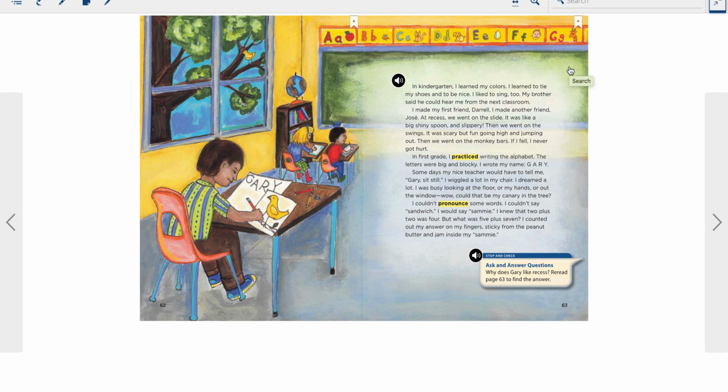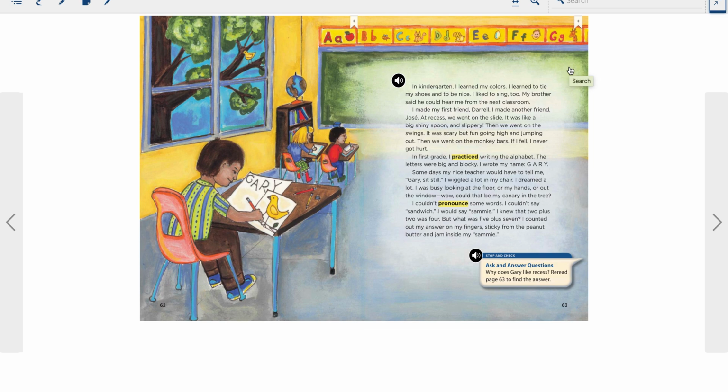In first grade, I practiced writing the alphabet. The letters were big and blocky. I wrote my name, Gary. Some days, my nice teacher would have to tell me, Gary, sit still. I wiggled a lot in my chair. I dreamed a lot. I was busy looking at the floor or my hands or out the window.